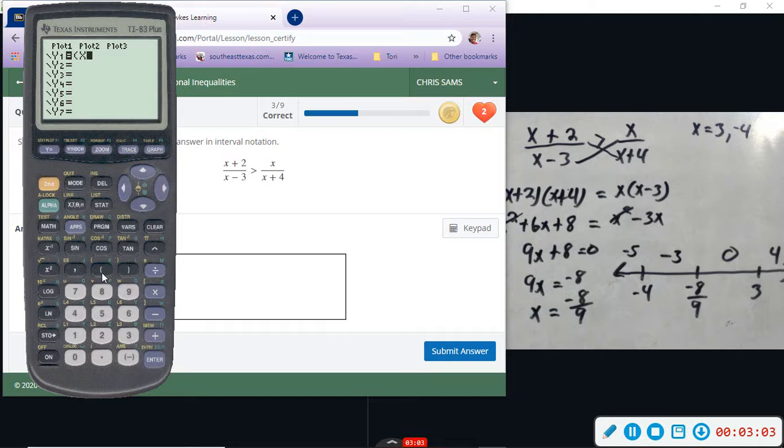So I've got to do (x plus 2) and then close it, divided by, and then in parentheses on the bottom, we're going to do (x minus 3). And then close that. Alright, then we're going to go to y2 and we're going to insert this one. Since we only have one term on the top, we don't need to put it in parentheses. You can to be safe, but you don't have to. So we're going to do x divided by, and then in parentheses on the bottom, we're going to do (x plus 4).